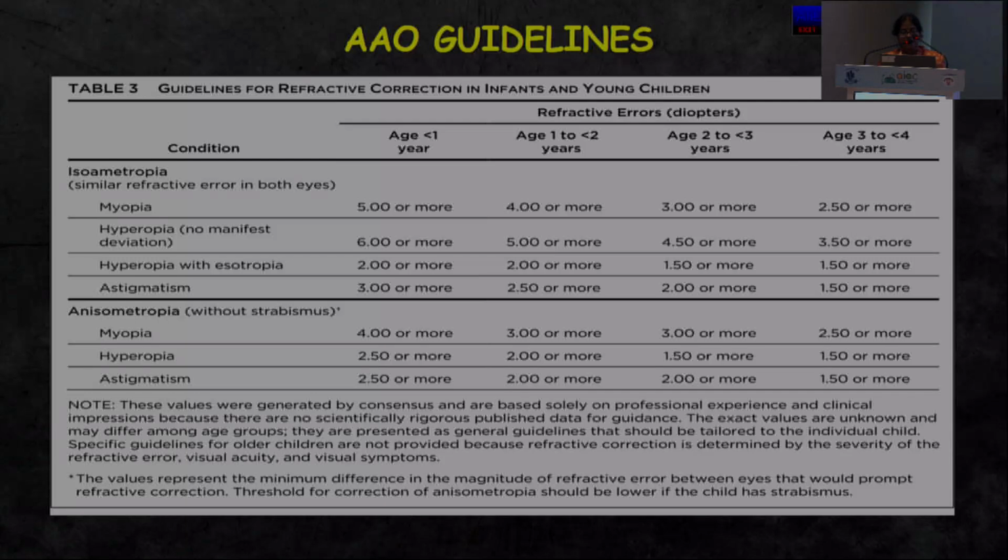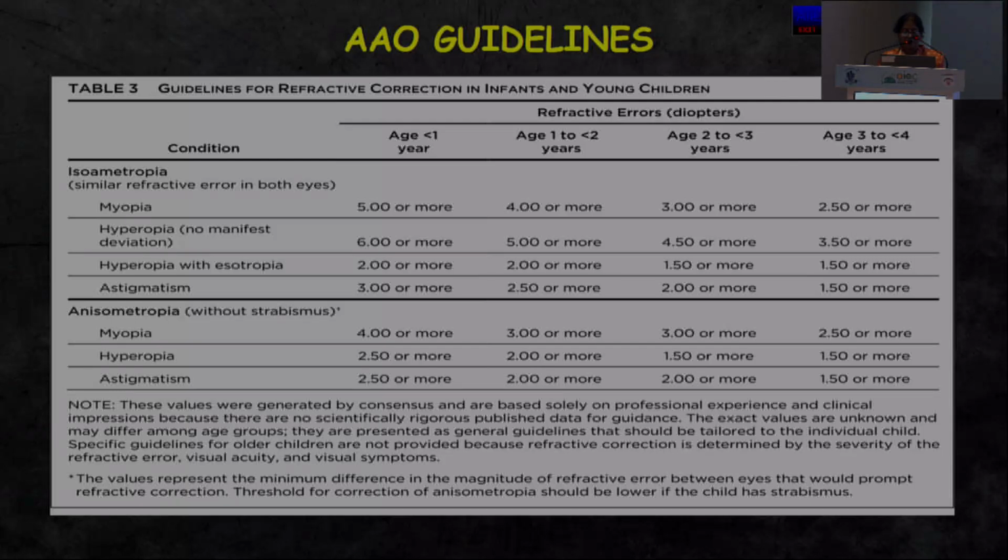The guidelines basically provide us with a framework or a foundation, but the actual prescription depends on your own clinical judgment and experience. As we look into the AO guidelines, we can see that the threshold for anisometropia is lower than the threshold for isometropia.